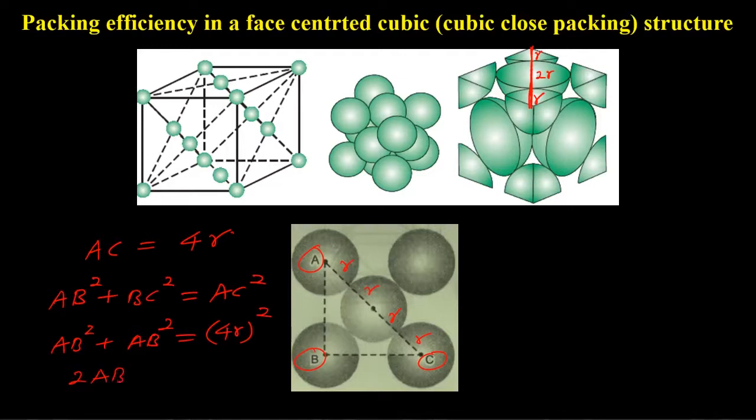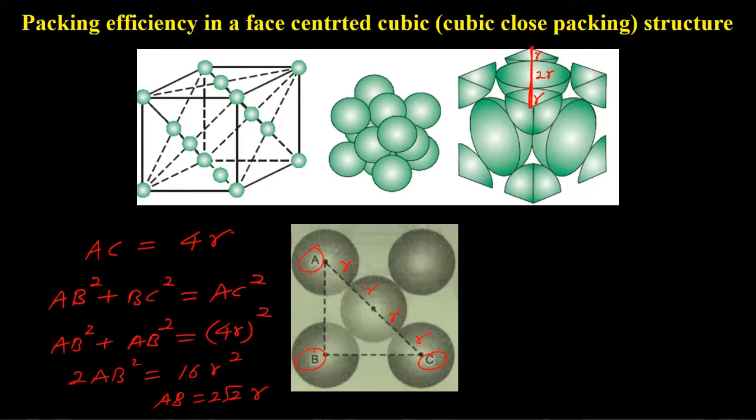Means 2AB square equals 16r square, so AB square is 8r square, and AB equals 2 root 2 r. The square root of 8 is 2 root 2, and the square root of r square is r.